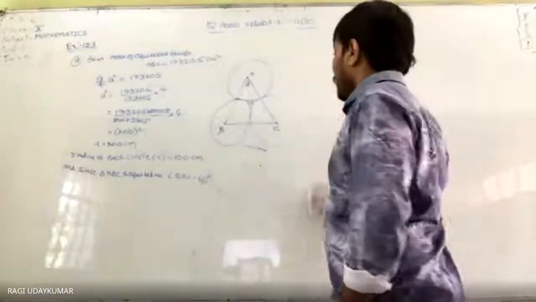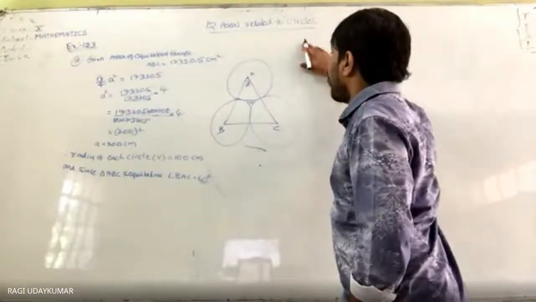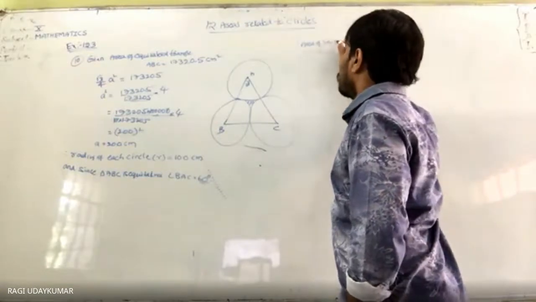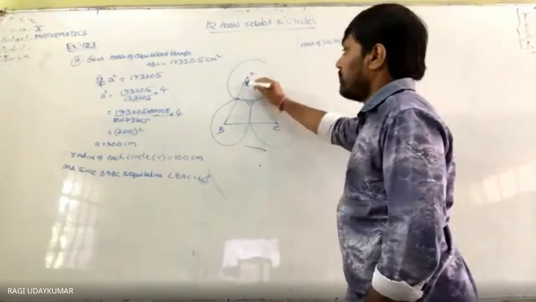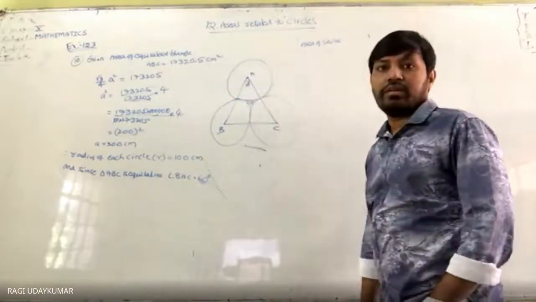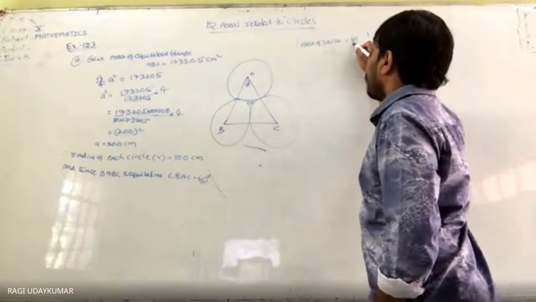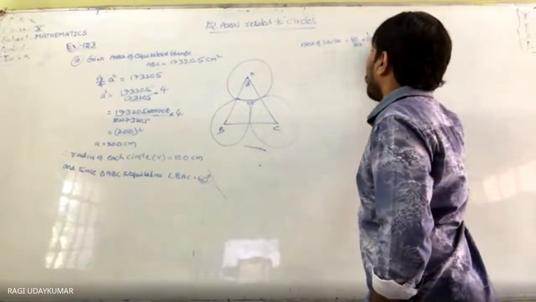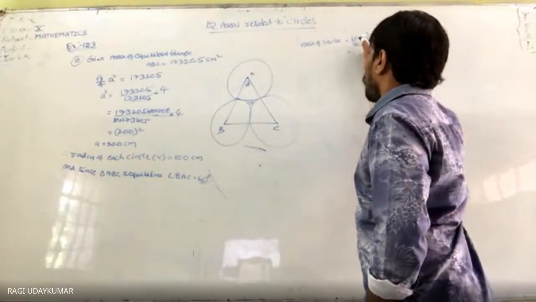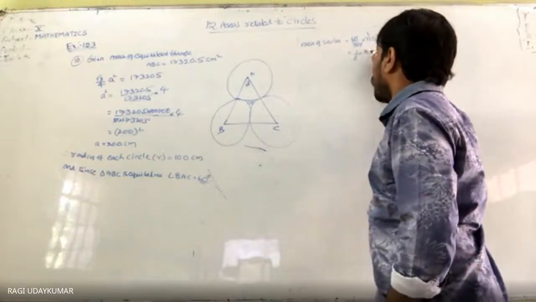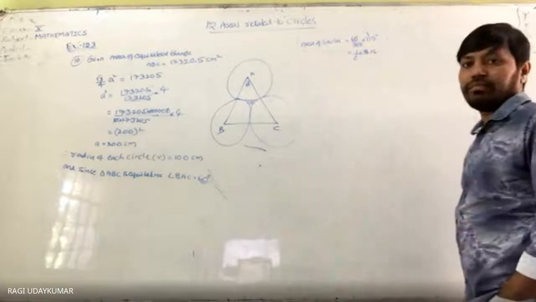So the area of the shaded region is equal to, first we find out the area of the sector. This sector area, 60 degrees making, so the area of the sector is equal to 60 by 360 into pi r square, so 1 by 6 into pi value 3.14 to take.